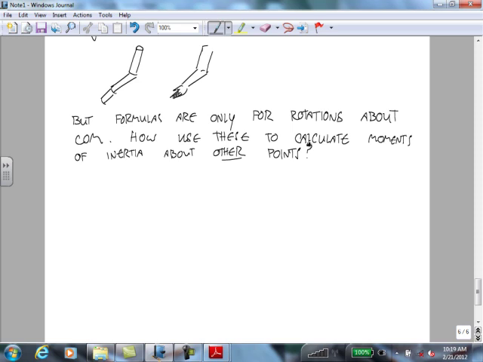It's related to parallel axes. Okay, so the correction for translating axes of rotation.